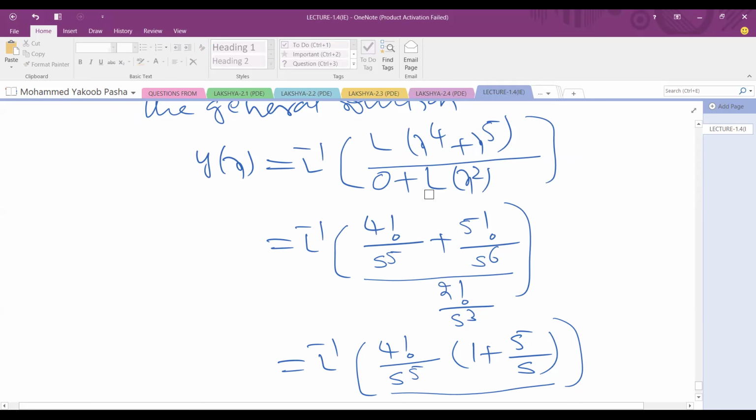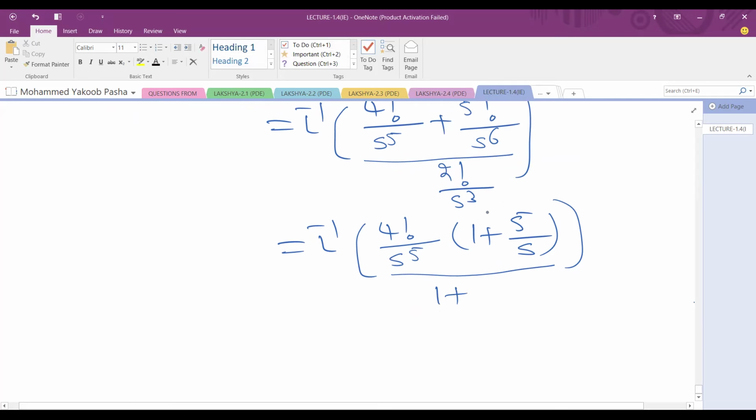0 means only L of x square. So 2 factorial by s cube.